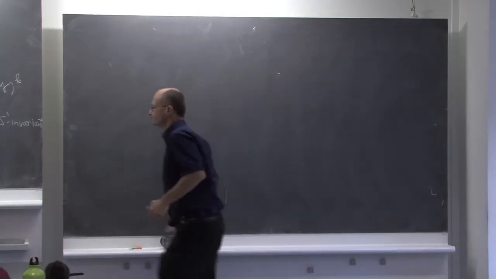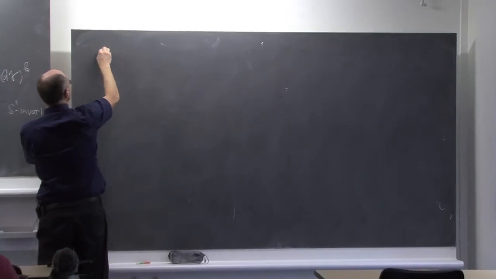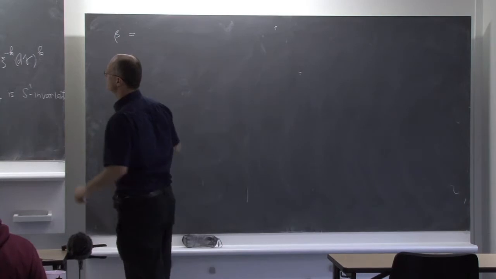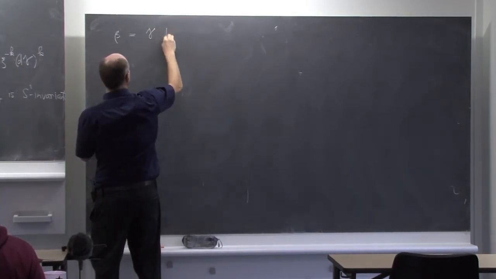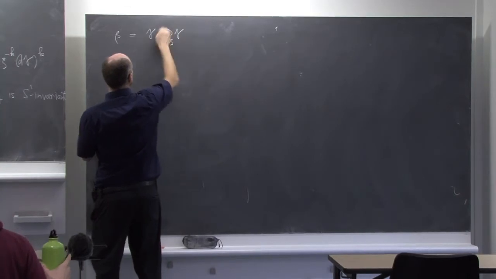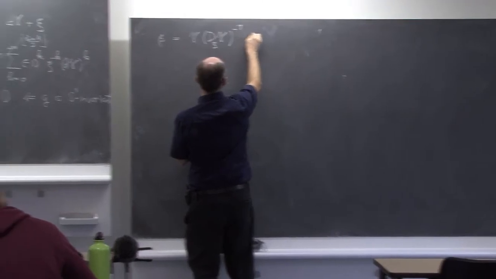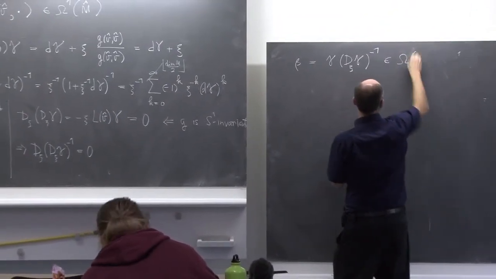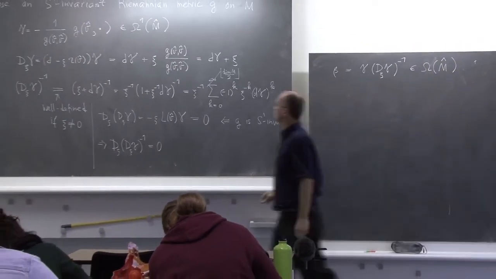So one more move, but that's probably almost the last one. So let's introduce one more differential form, and it will be γ times (d_ψ γ)^(-1). So this is a differential form of mixed degree on M hat.